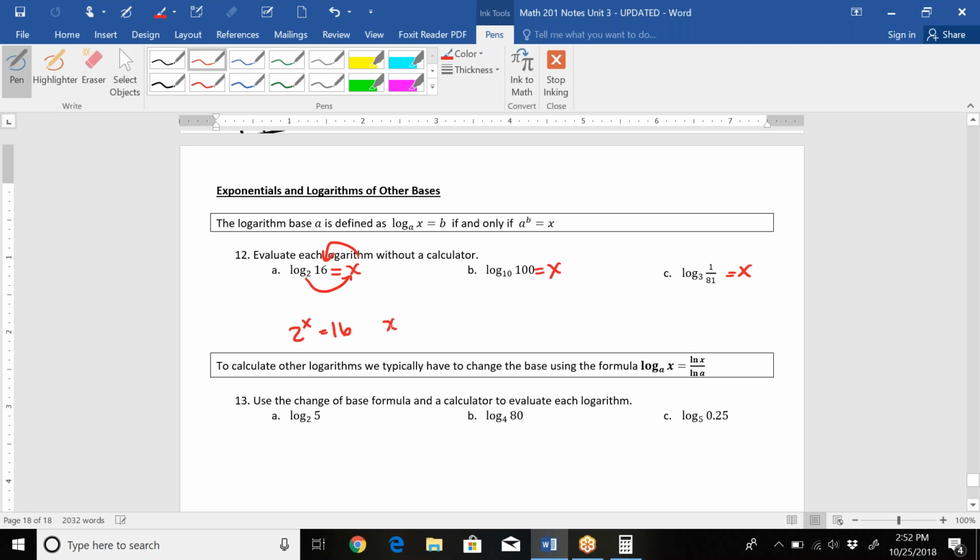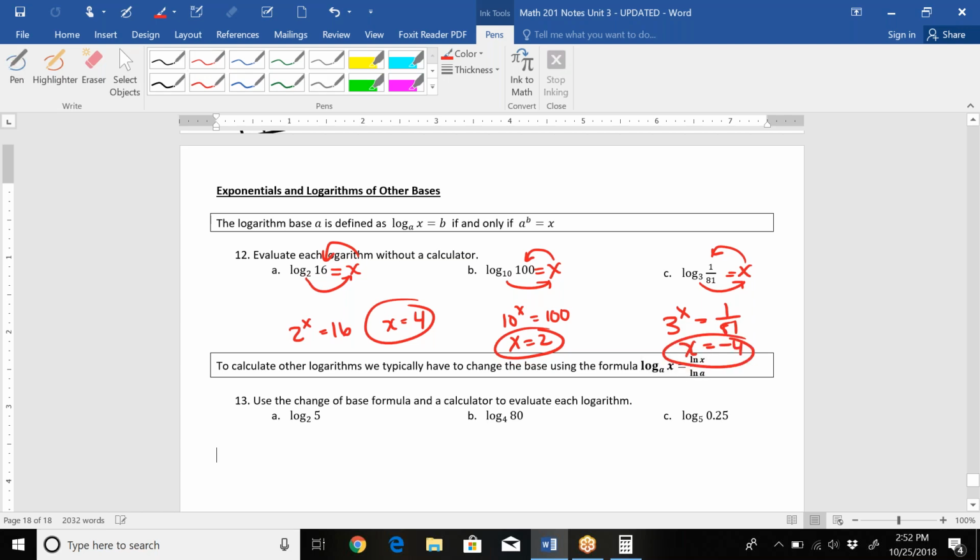So that would be x equals 4. This says 10 to what power equals 100. So that would be that x needed to be 2. This is 3 to what power equals 1 over 81. Now 81 is 3 to the 4th, but because it moved to the denominator, that means our x was negative 4.